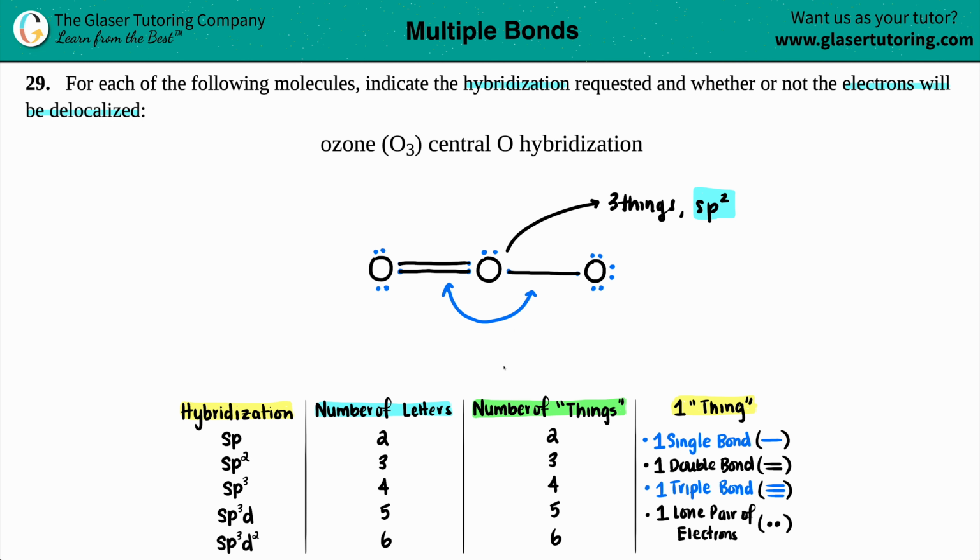So will the oxygens be delocalized? Yes, you have delocalized electrons in this case. If we weren't able to do that, then we would say they were localized, not delocalized. And that's the other answer.